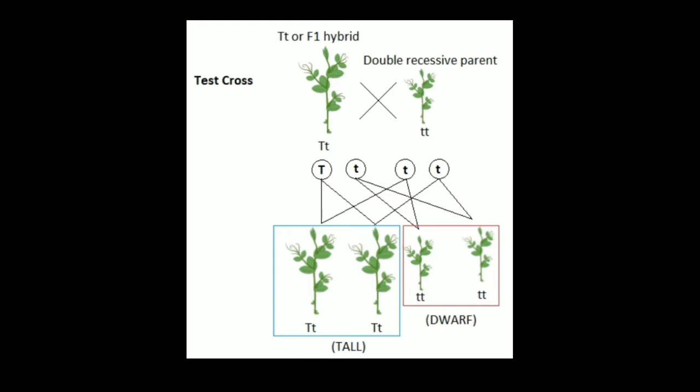Now let's see another case. In this case, the plant taken was also tall, because we want to test its genotype, but we know its phenotype, that it is tall.